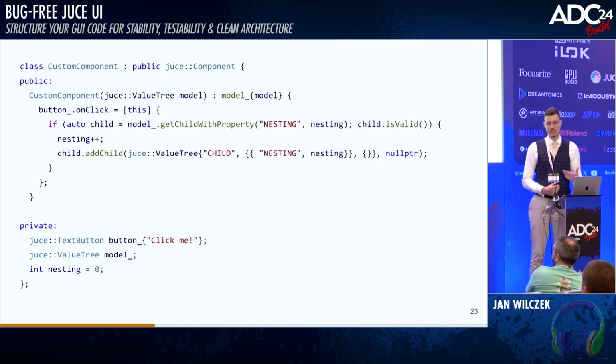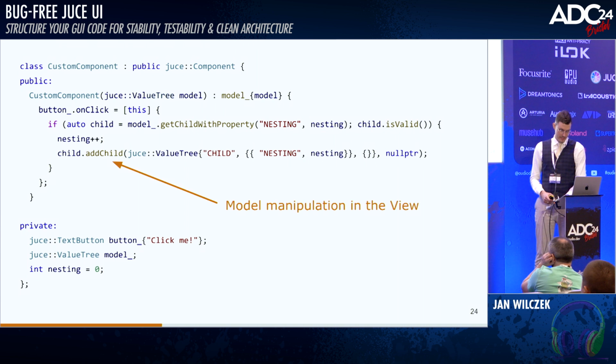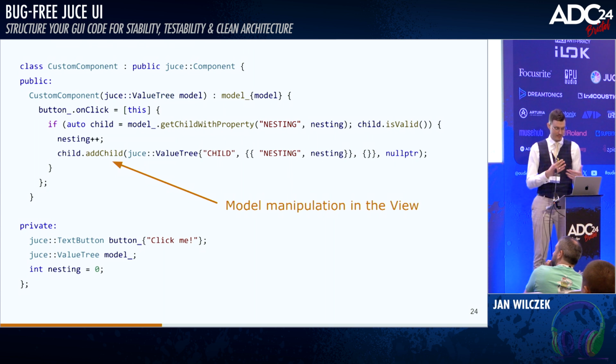So let's look at another problem. A lot of code in components that I see is of this kind. We have a component, it receives a value tree, so let's say a model, and then upon a click, upon user action, it directly manipulates this model. To test this, we need a fully fledged model, and then we could assert this, but in a way, it's mixing stuff together, right?